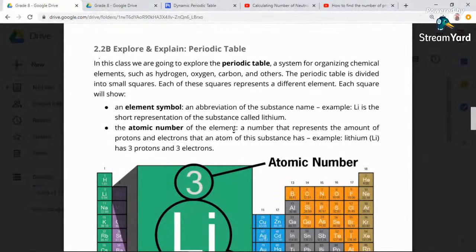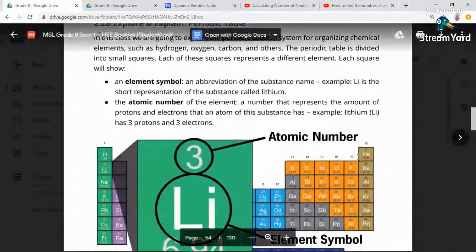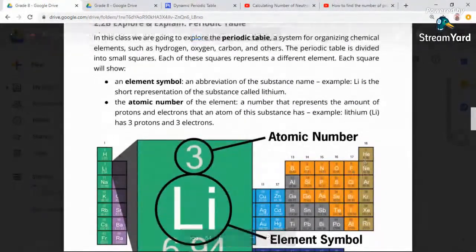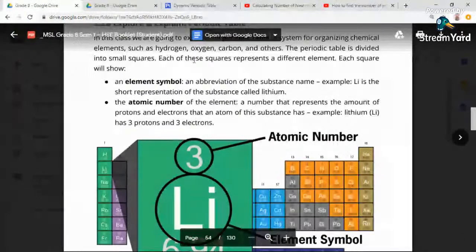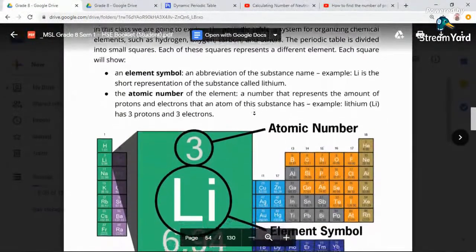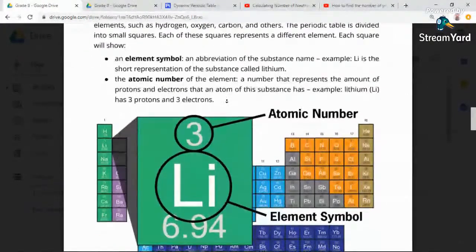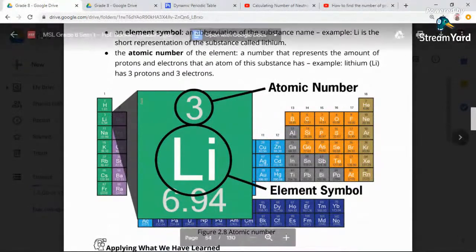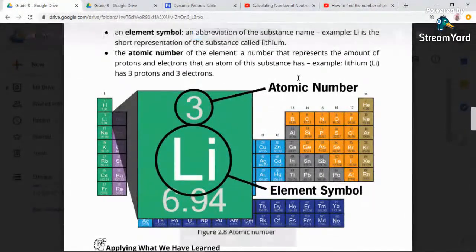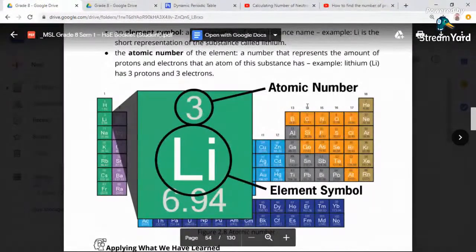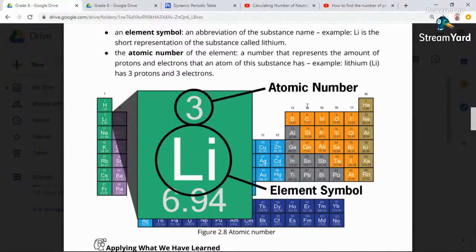So the periodic table is going to organize all the elements, okay, all the different elements like hydrogen, oxygen, and others. And each square is going to show some information. If I pull out the square, we're going to focus on 2 of these pieces of information right now. The first one is the number on the top.